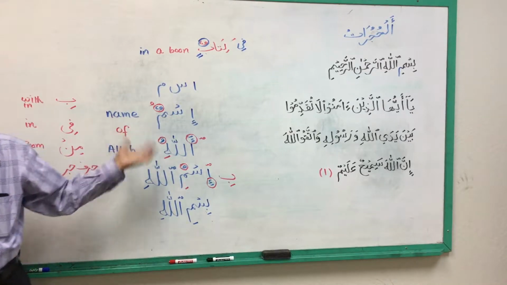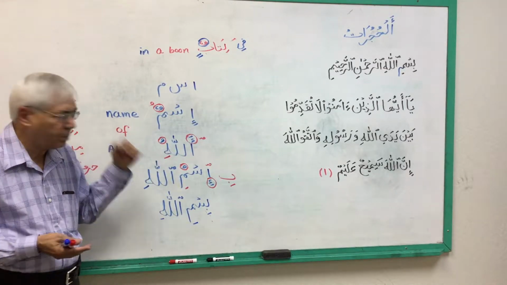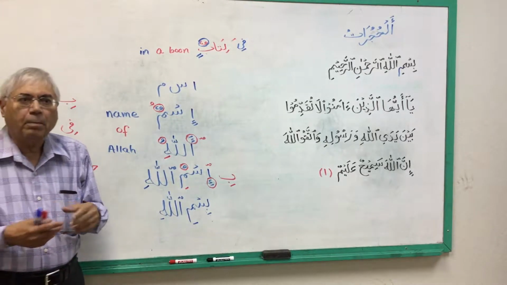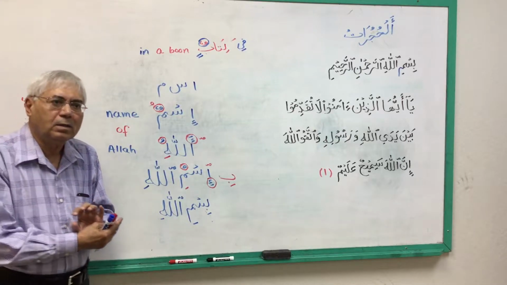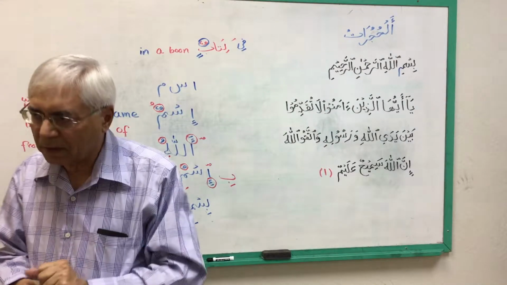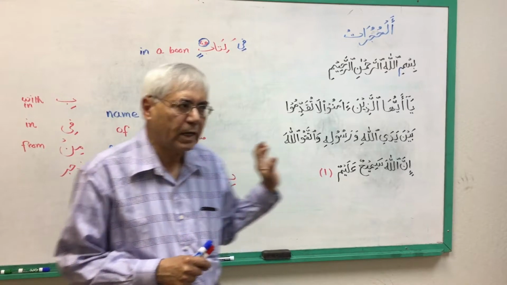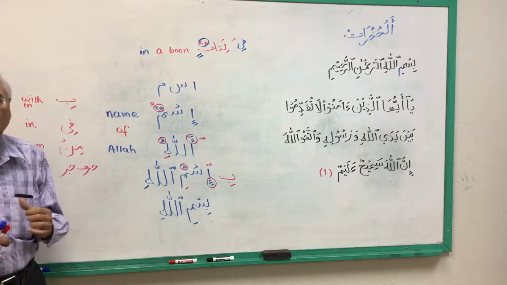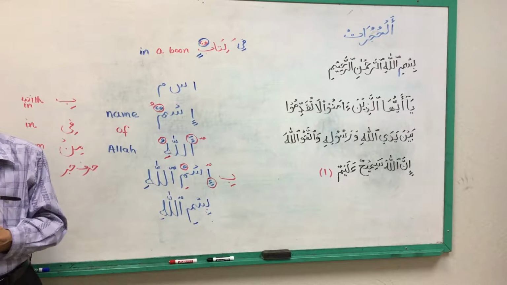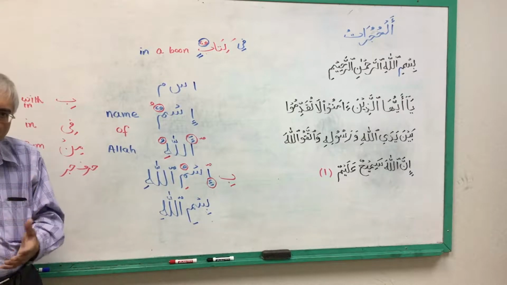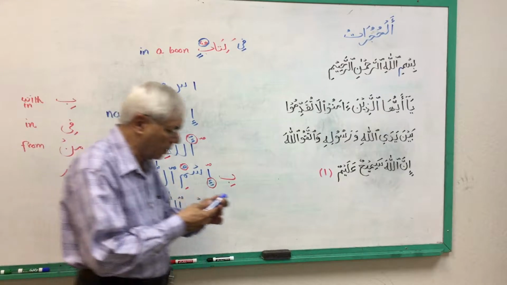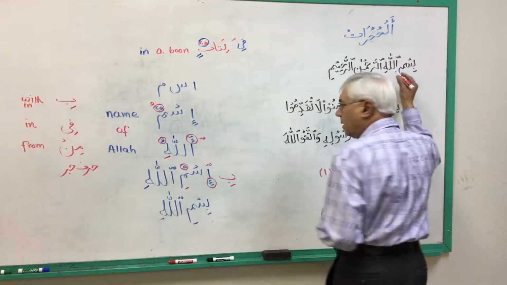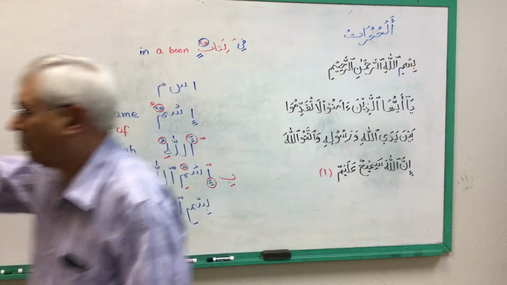The word is ismun, so the alif has to be there, but when we write Bismillah, it is not written. So that is the formation of the first word, Bismillahi, with the name of Allah, or in the name of Allah. That is the meaning of Bismillah. Okay, can you see from this side?